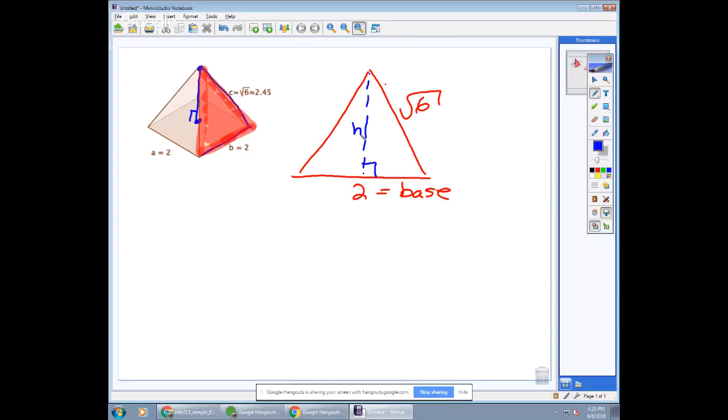Yeah, use the Pythagorean theorem. By drawing that height, I've essentially cut this triangle in half, right? So for the right triangle, what is that short side? 1. Pythagorean theorem says h squared plus 1 squared equals the long side squared.